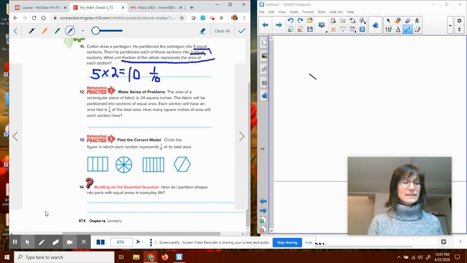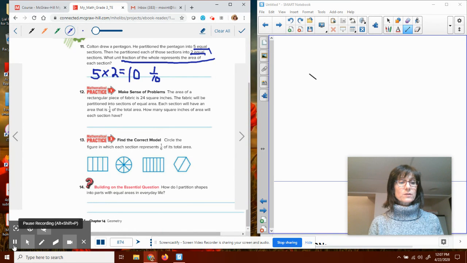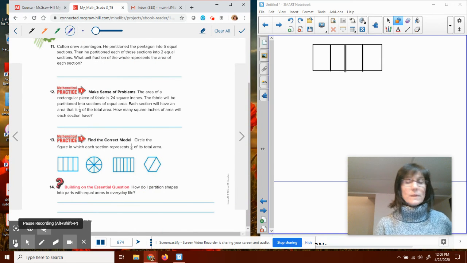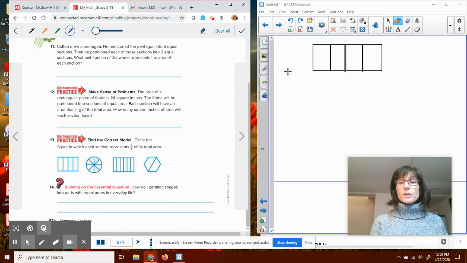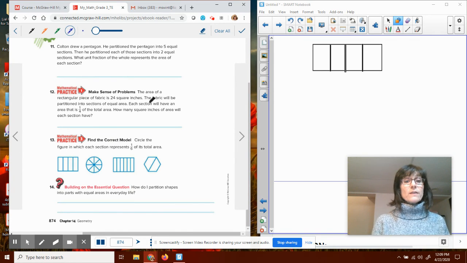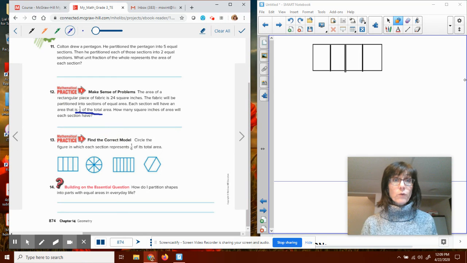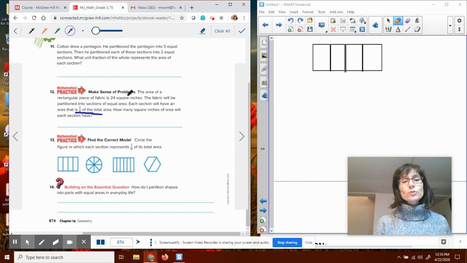All right, let's go ahead, and Mrs. Swint's going to get out her smart board. This is how we're going to work this problem. You have a rectangle. The fabric will be partitioned into 1/4 of the total. So I need to create 4 pieces. Now the tricky part here, you have to understand 24 square inches is the whole inside here.